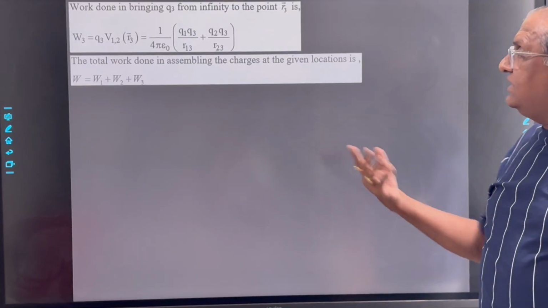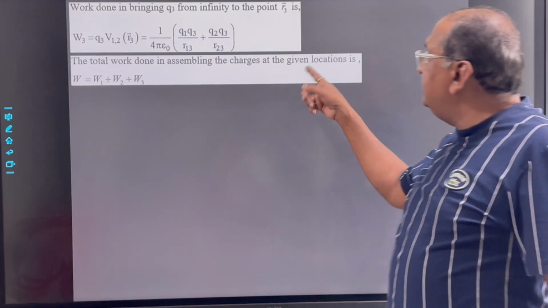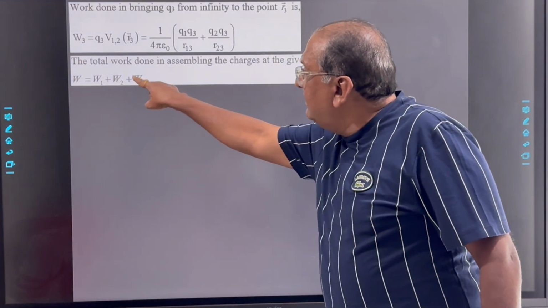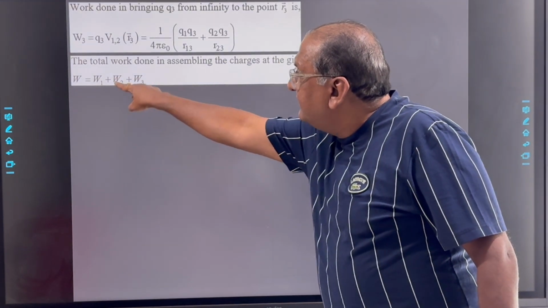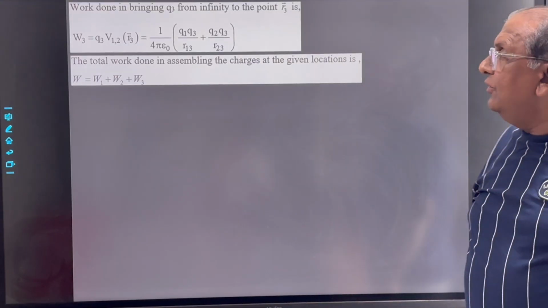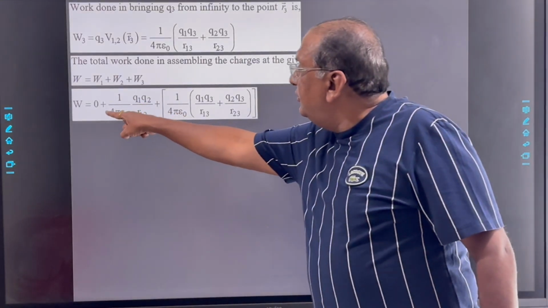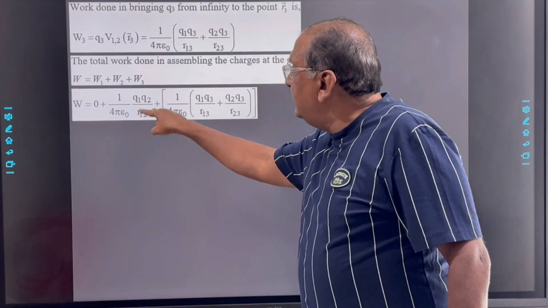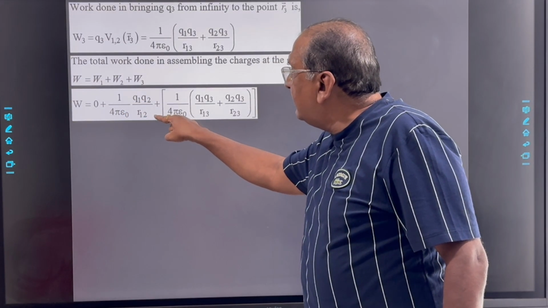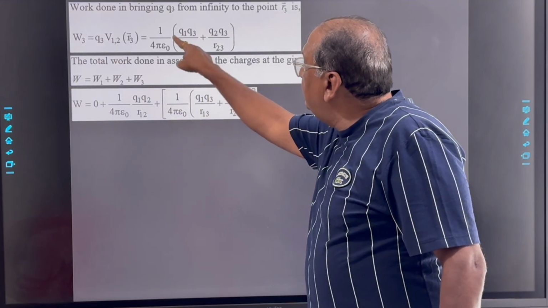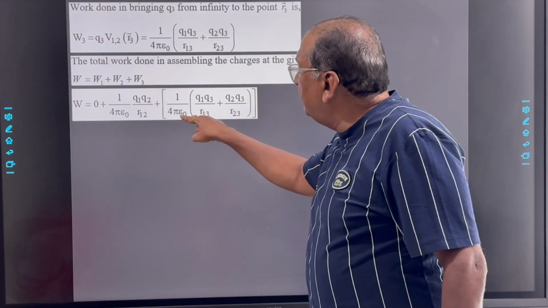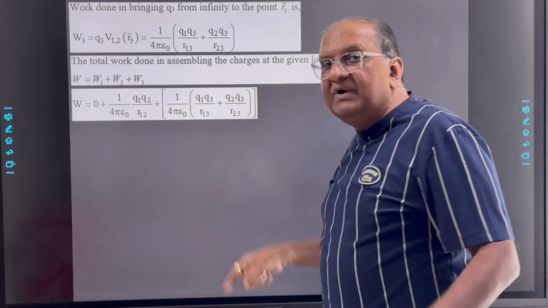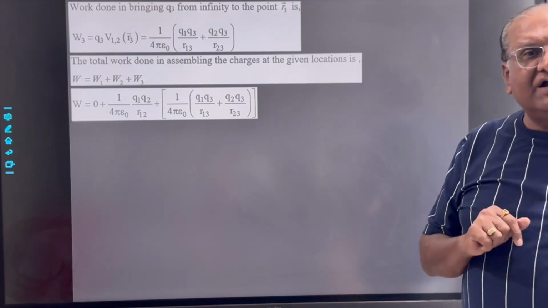So here the total work done in assembling the system of 3 charges is W1 plus W2 plus W3. W1 is 0. Then W2 that we calculated is 1 upon 4 pi epsilon 0 Q1 Q2 upon R12, plus W3 which is 1 upon 4 pi epsilon 0 into Q1 Q3 upon R13 plus Q2 Q3 upon R23.